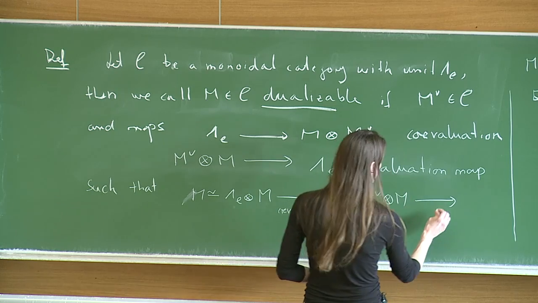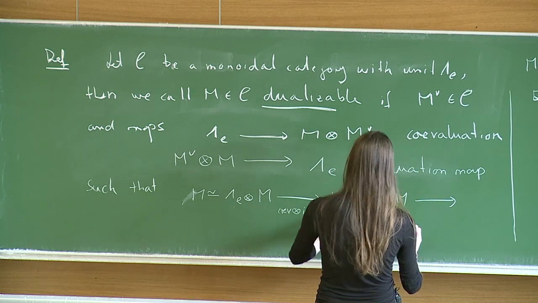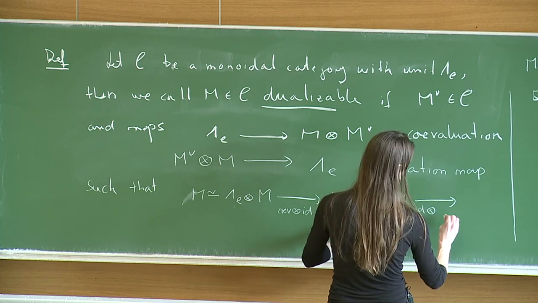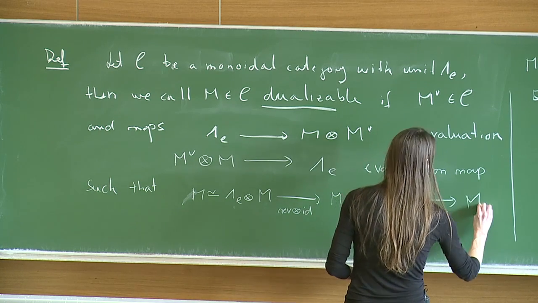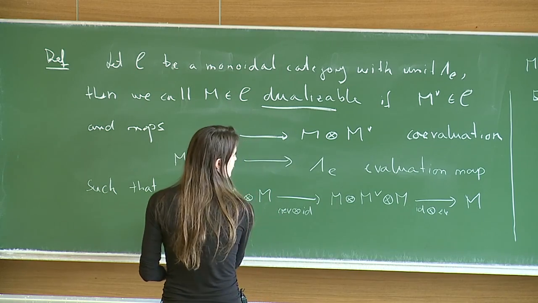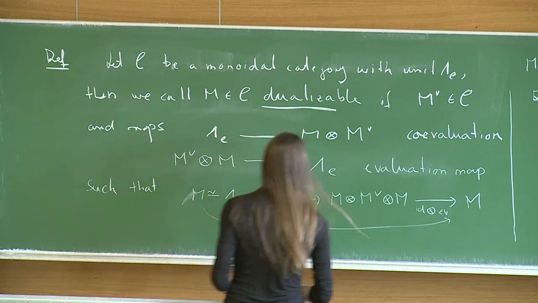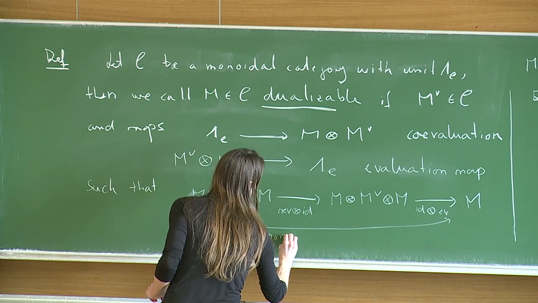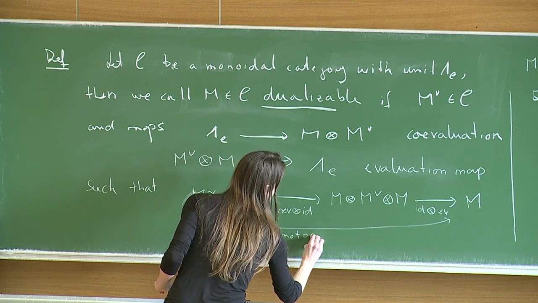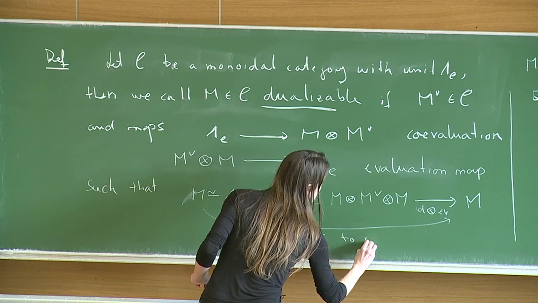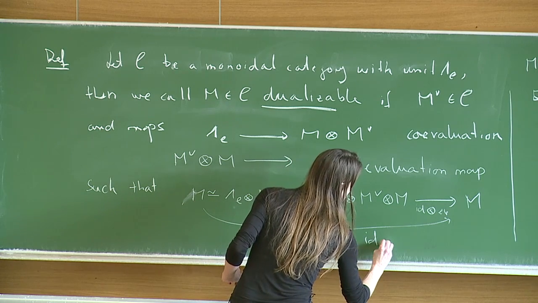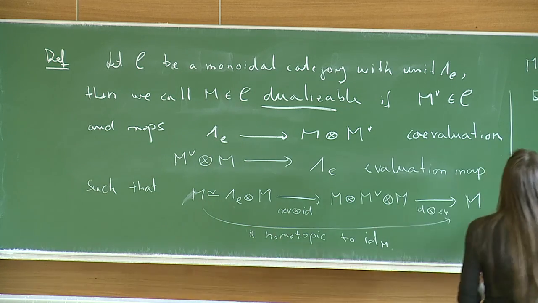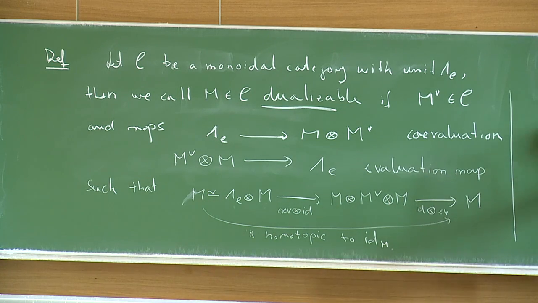And I can apply the evaluation map, keeping the identity here. This lands me back in M, and we want this composition to be homotopic to the identity. So this is what it means for an object to be dualizable.